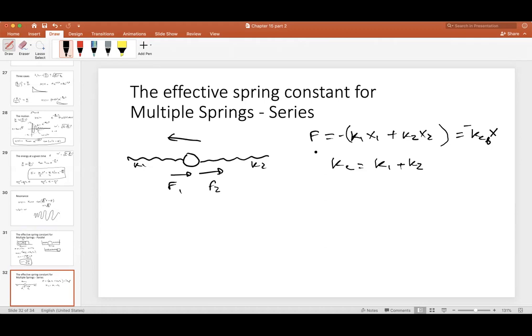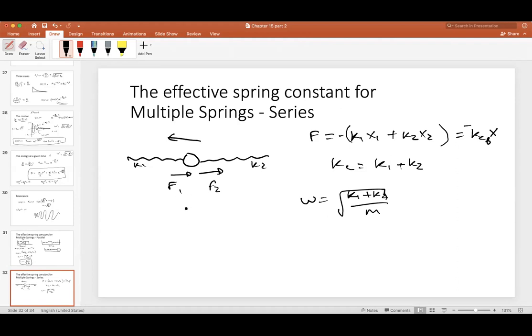I think I need to actually talk a little bit about this. Their X1 and X2 are equal, right? Yeah. All the X's are equal. Therefore, this is true. And therefore, omega is the square root of K1 plus K2 over M.